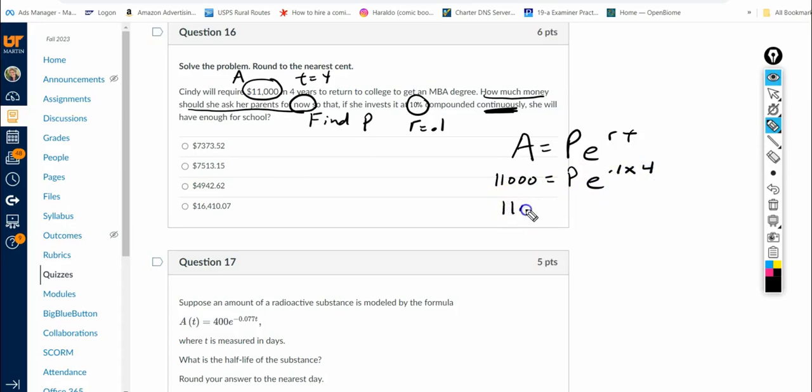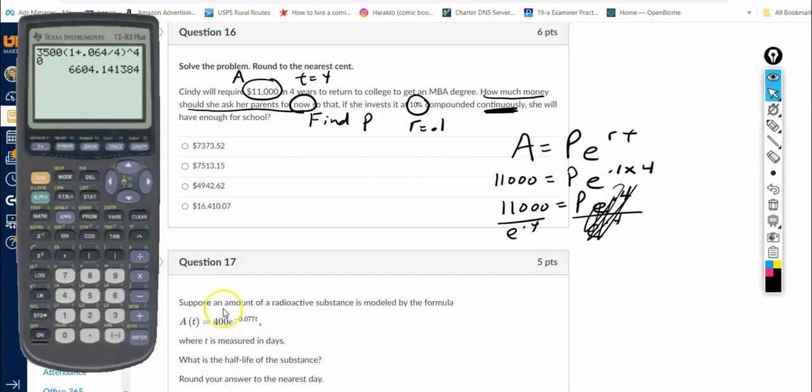Okay. 0.1 times 4 is 0.4. Okay. And then to get P, I just need to divide both sides by e to the 0.4. Because those will cancel, and that'll be my starting amount. So let's see what we get here. So 0.1 times 4 should be 0.4.